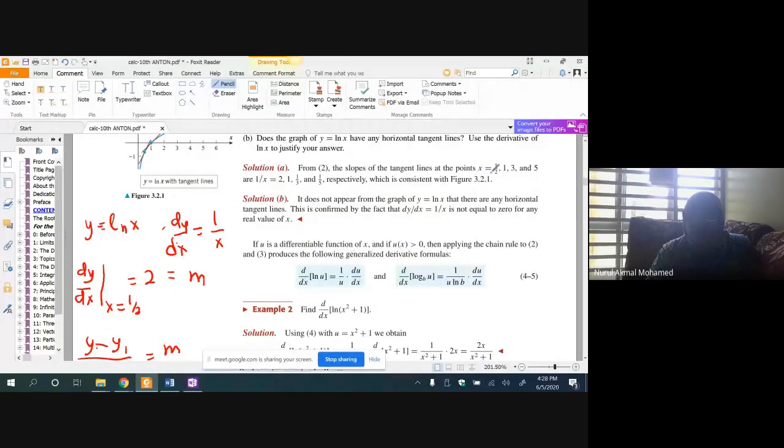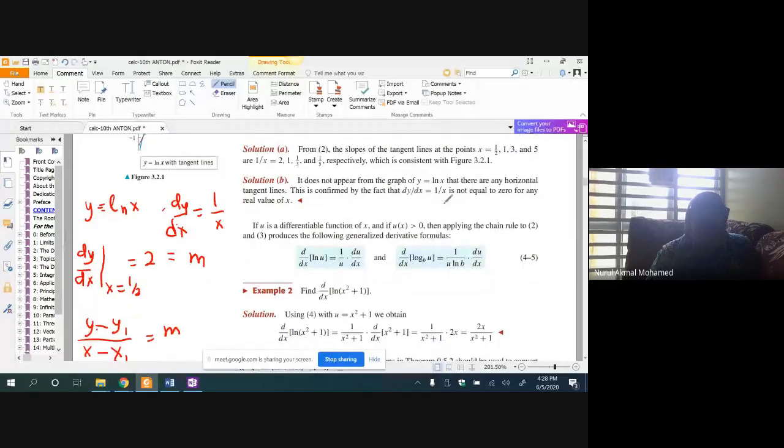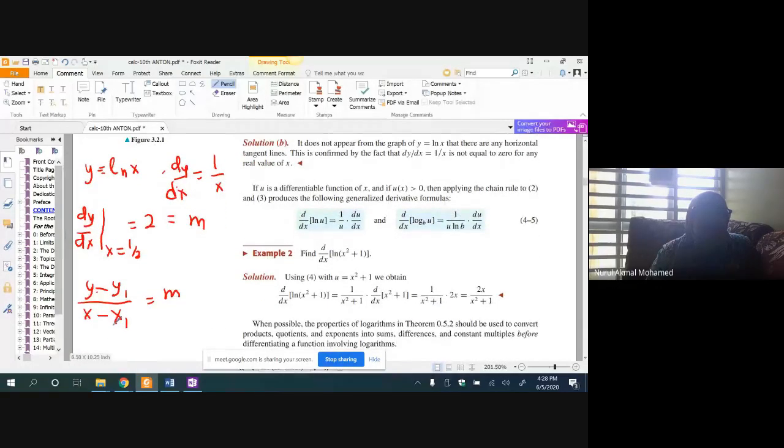So the x is known, which is 1/2. x1 is equal to 1/2. What about y1? y1 is the coordinate of ln x whenever x1 is equal to 1/2.